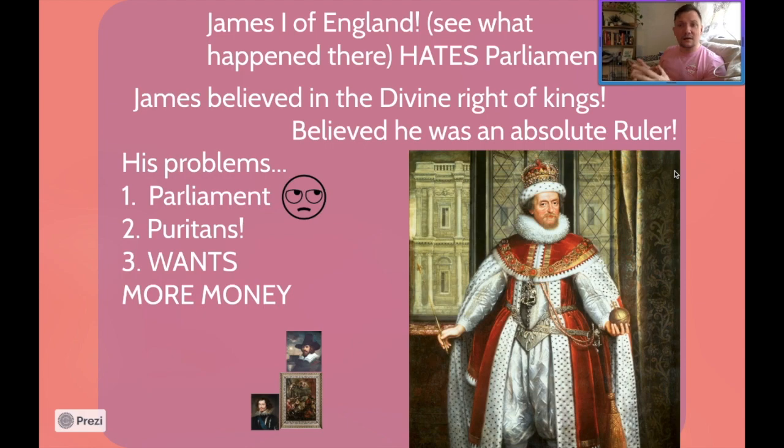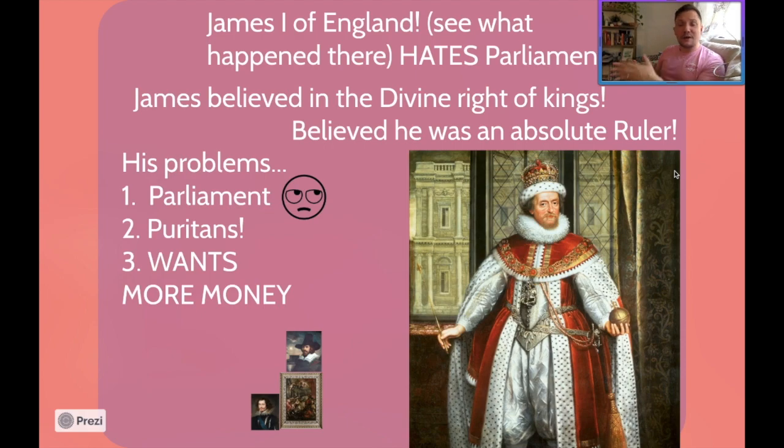Something that's going on in England right now that he has a huge issue handling, that Elizabeth was a professional at handling, is the fact that he's got Puritans, right? He's got several different religions running around in England right now that are all kind of vying for control, all right? So now there's an interesting little thing going on.